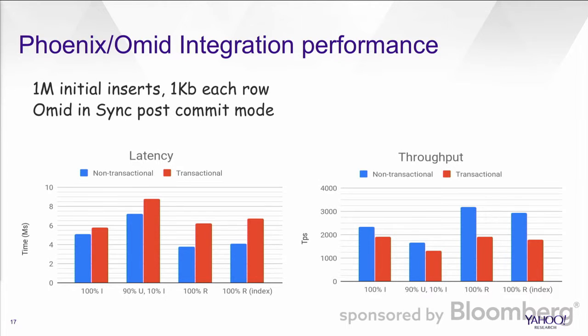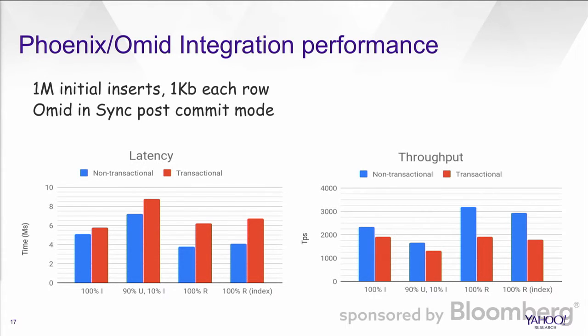And we have here two graphs, throughput and latency. Let's take a look at the latency first. On the x-axis we have a few experiments. The leftmost one does 100% inserts. Then we have 90% updates and 10% inserts. Then we have 100% reads, and then 100% reads from an index.